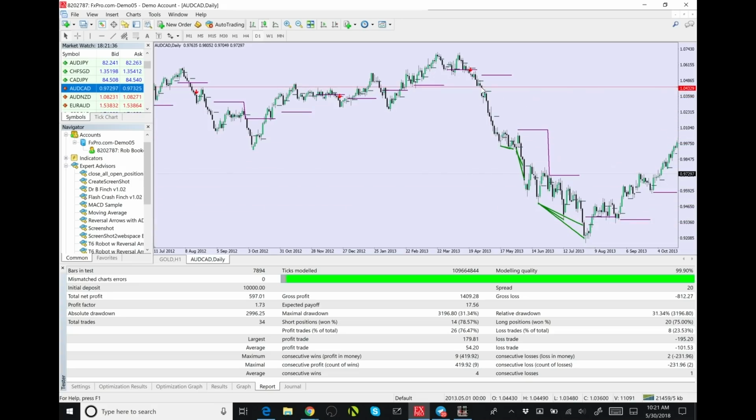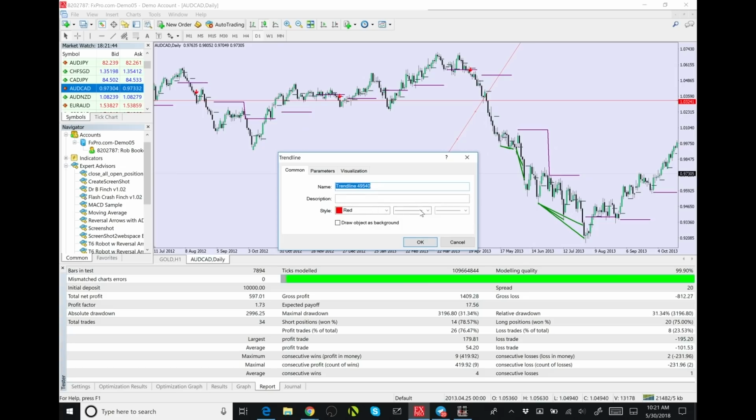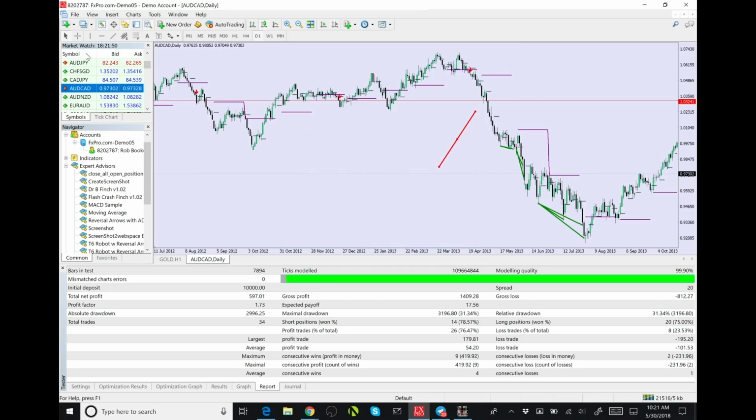Oh, geez, I can see that. So it bought right up there. I'll draw a little arrow where it bought. So it bought there.